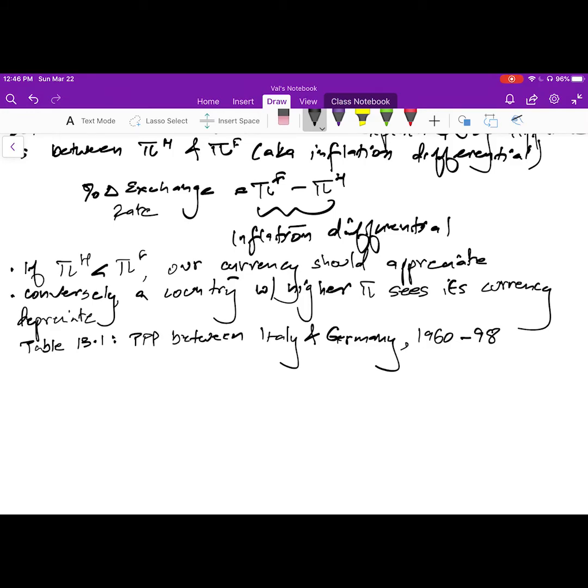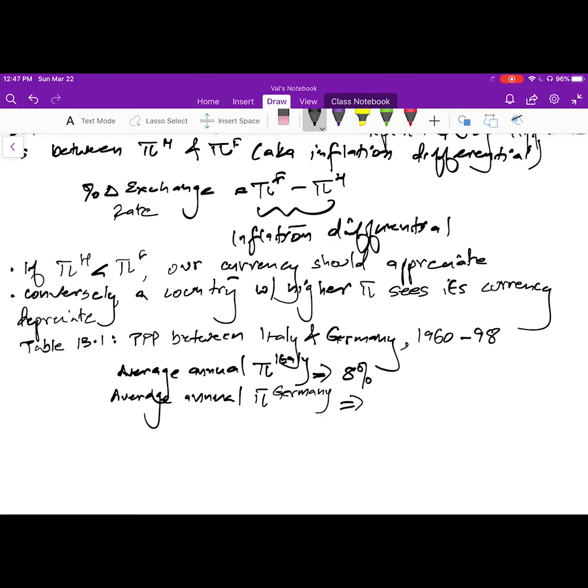Okay, so the average annual inflation rate for Italy between 1960 and 1998 was 8%. Average annual inflation in Germany in the same period was 3.2%. So what does our model tell us?